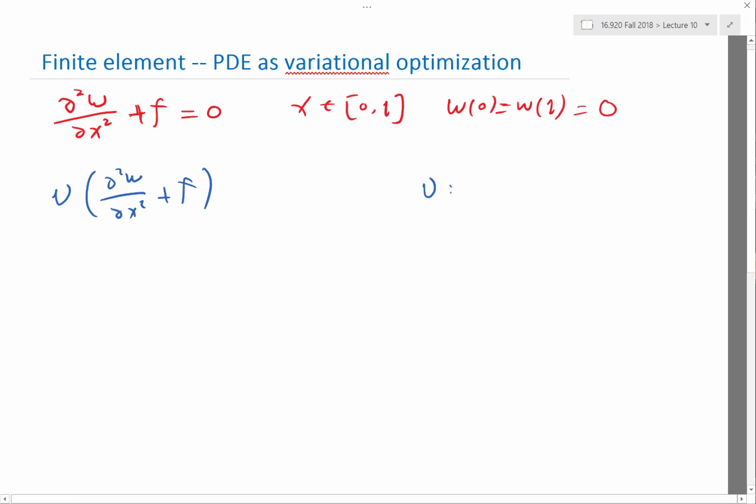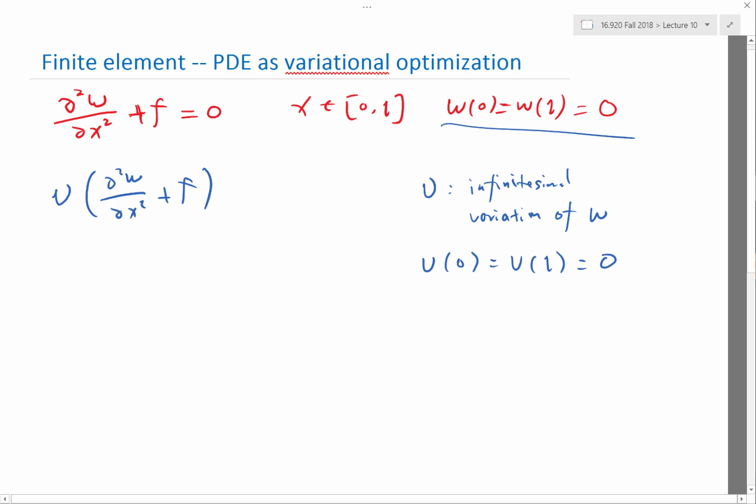So v being an infinitesimal variation means w plus v has to satisfy the same boundary condition, right? If w plus v has to satisfy the same boundary condition, that means v of 0 has to equal v of 1 equal to 0. So that's a natural consequence of imposing v as a small variation of w.